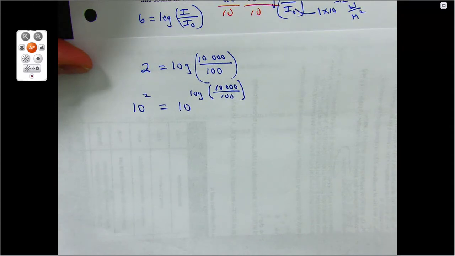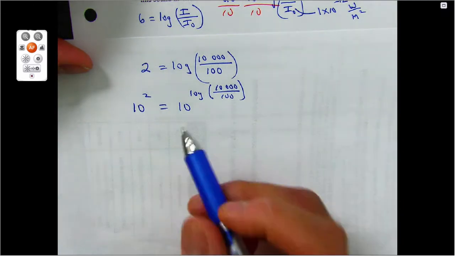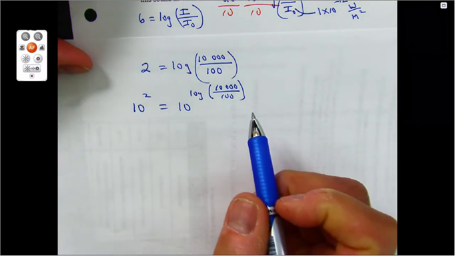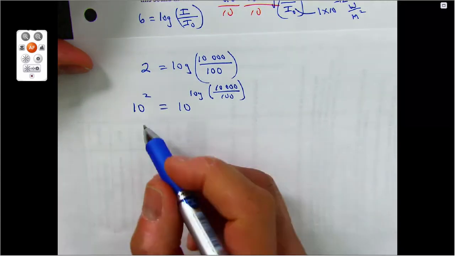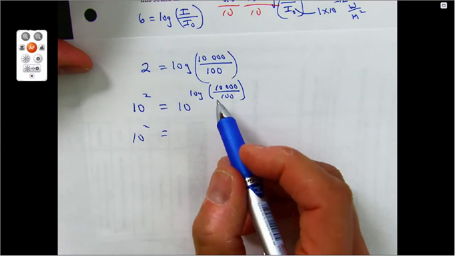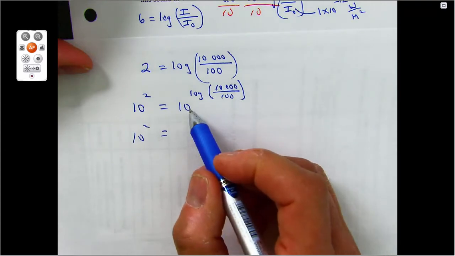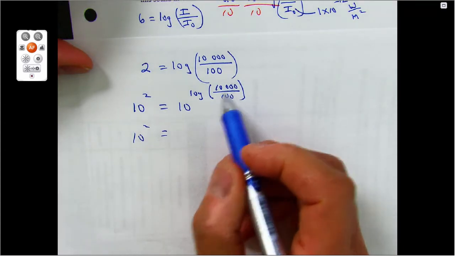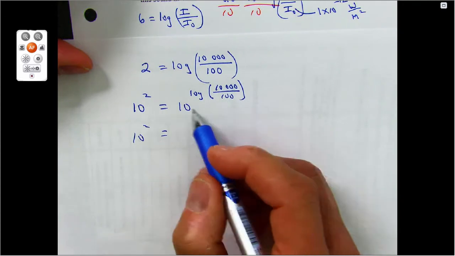So if you take the inverse log of both sides, is this equal? Yes. You'd have 10 squared is equal to 10 to the log of 10,000 over 100.